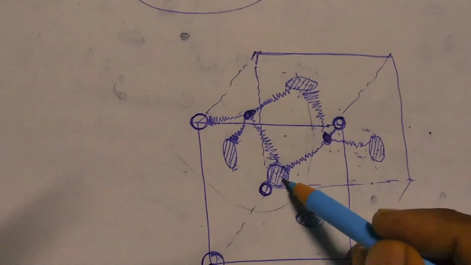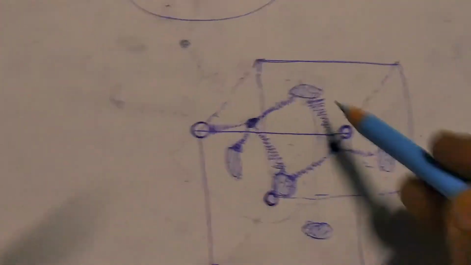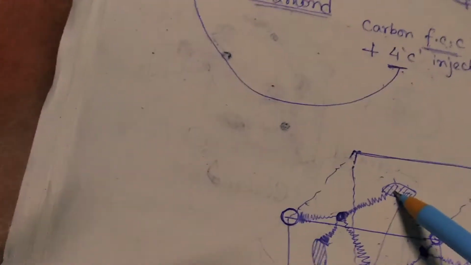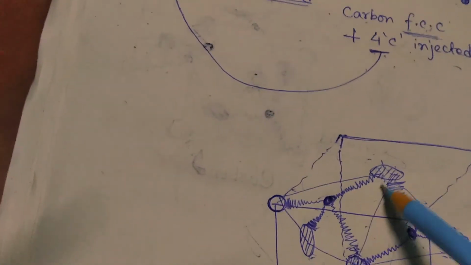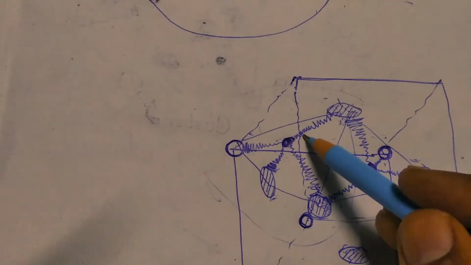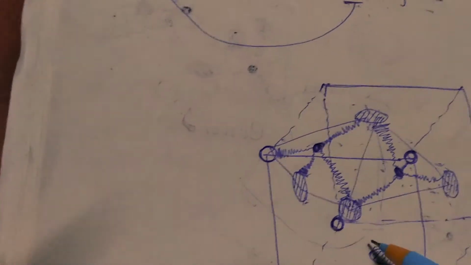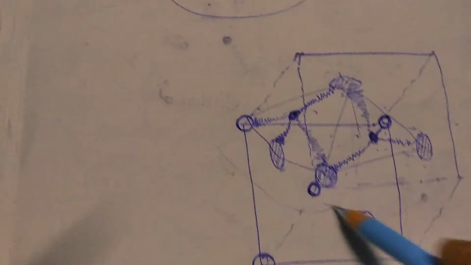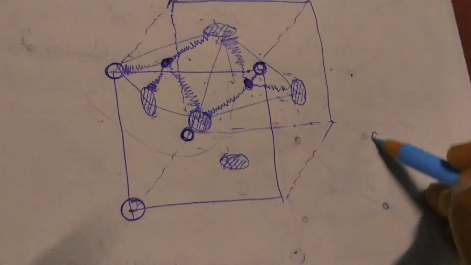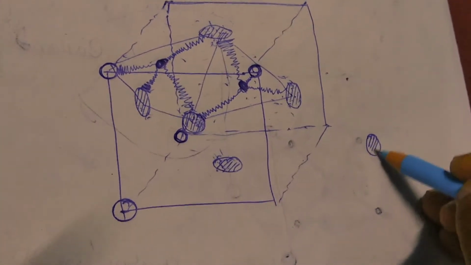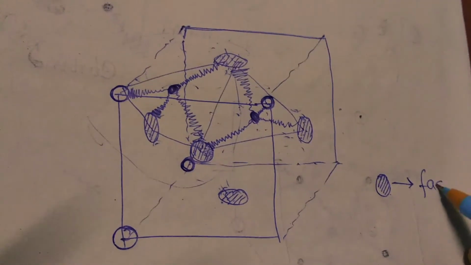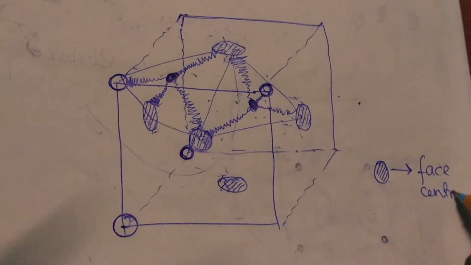Here is another carbon atom, this is another FCC. Just like this and this, and just like this tetrahedral structure. Here is another tetrahedral structure with these 3 face centered atoms. I am just drawing this index as face centered atom.